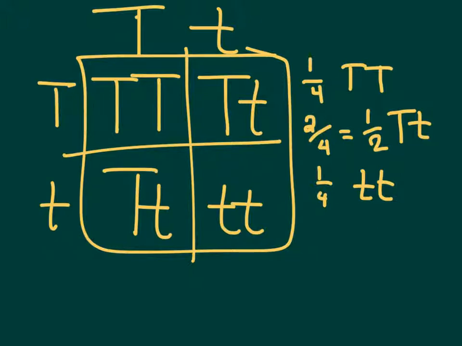That's our genotype for this particular cross. Our phenotype for this cross would be 3 of 4, or 75% tall, and 1 of 4, or 25% short. That's what Mendel saw.